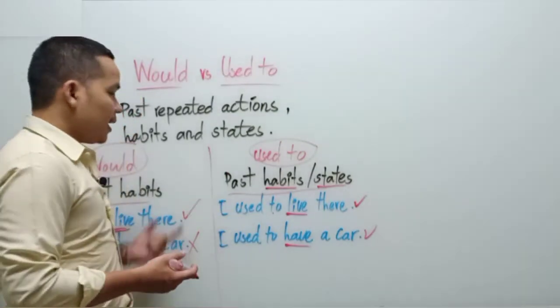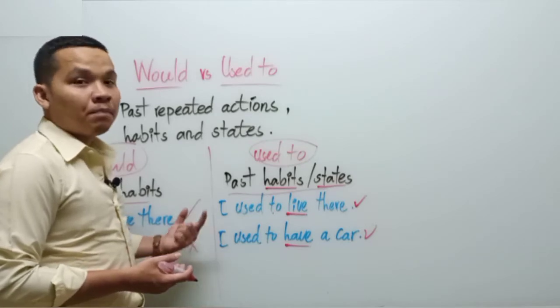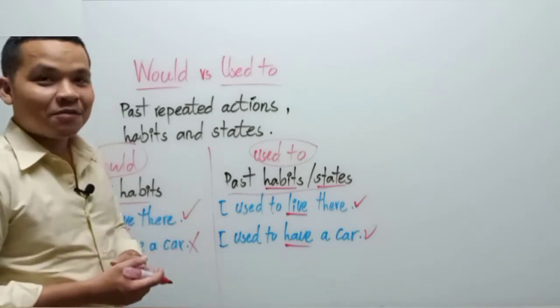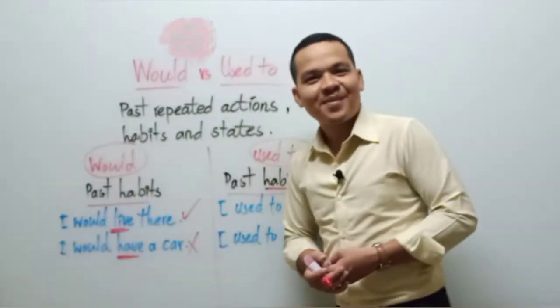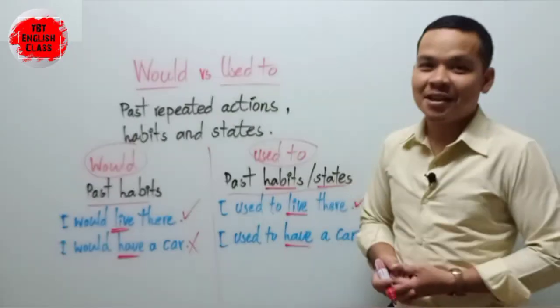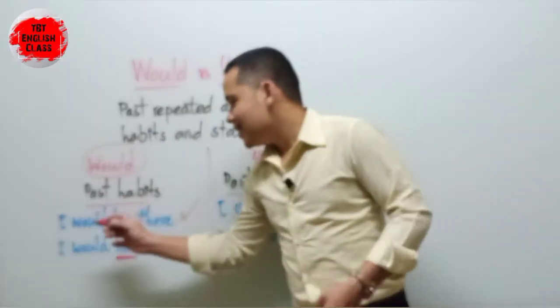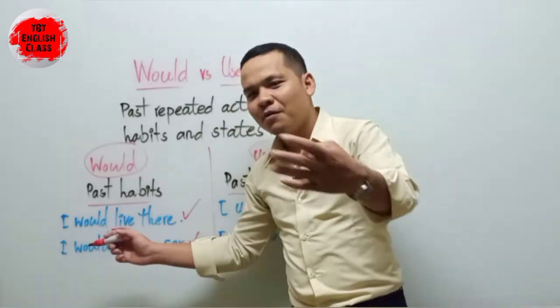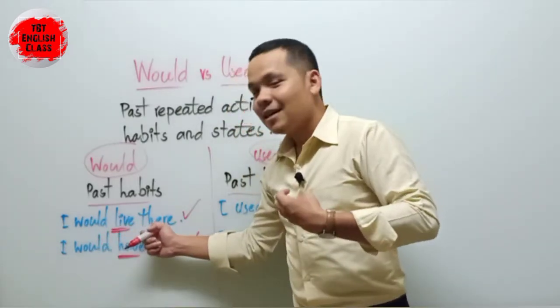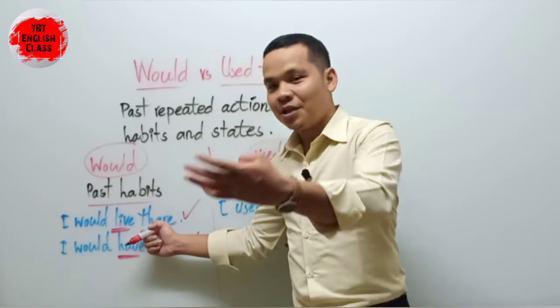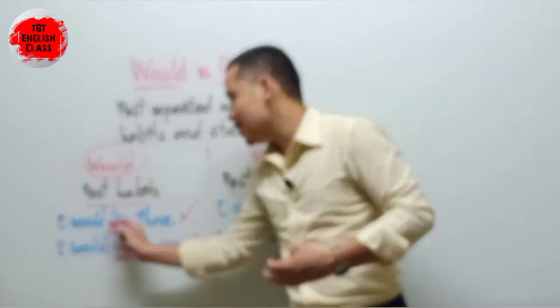So this is just an example that I want you to see about the positive form. So how do we make the question form or negative form? Yes, very easy. For would, when you want to make this statement a question or negative, it is very easy.